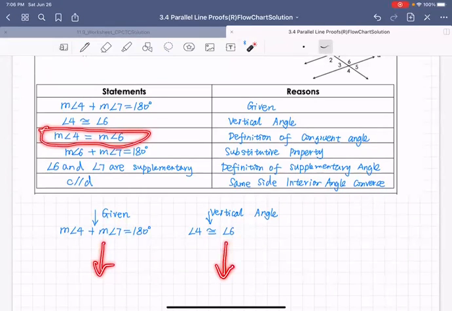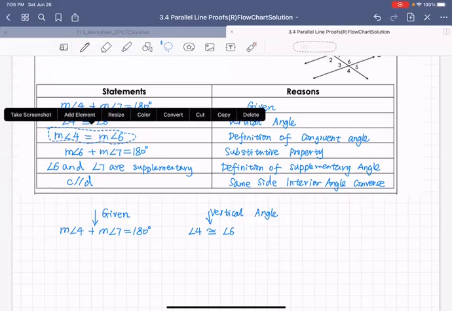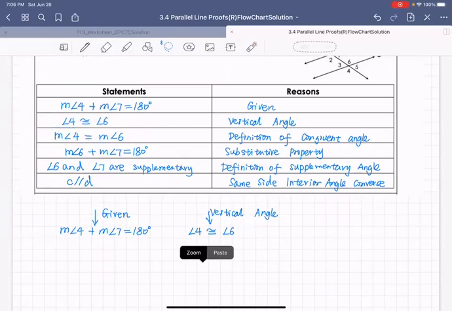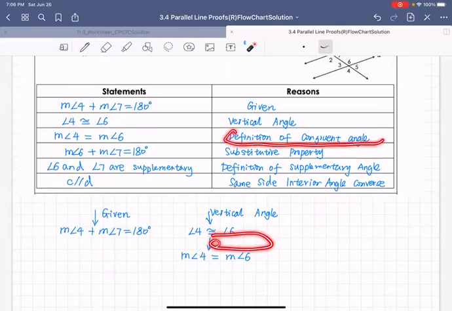Which one do you want to choose? The right one, yes? Okay, because this conclusion is from this, so you will copy and paste over this position. And you will draw this arrow over here. On the side, you put the reasons in this position.